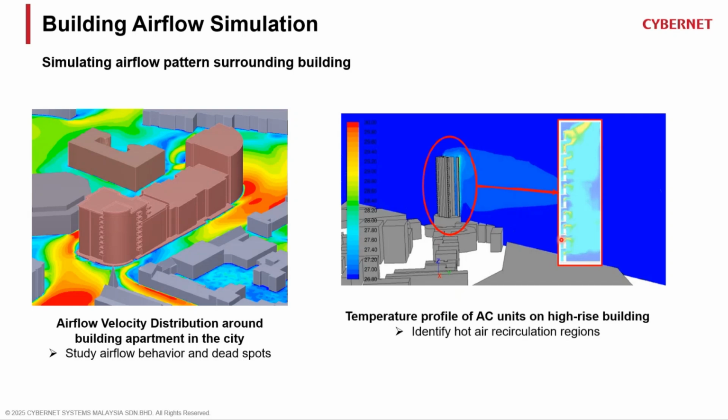You will not want the hot air to be recirculating around these regions, because if the hot air gets recirculated, let's say around here, then you don't have any fresh air, and the hot air is just going to get recirculated back to the machines, the unit here.